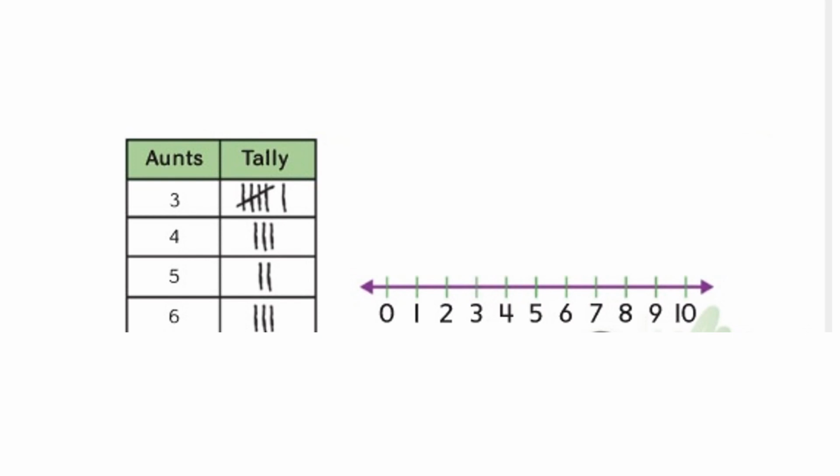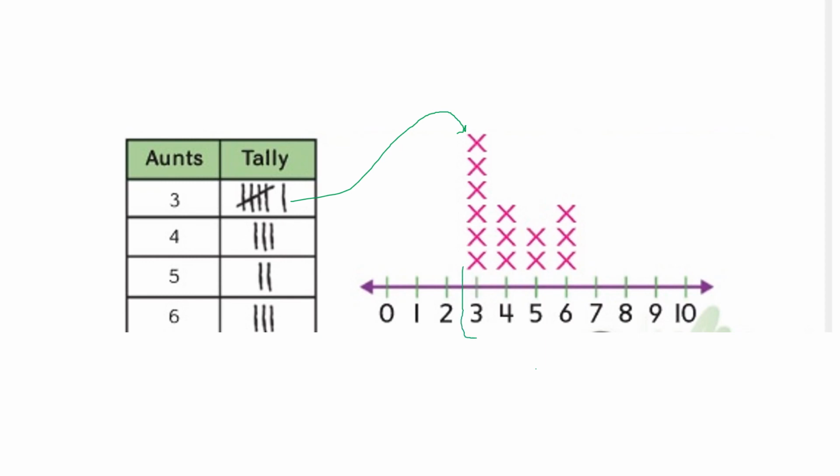Okay, that's a lot. So we can move all of that information right over to our line plot. Okay, and it's very, very easy to see. There are the 6 people. How many ants did they have? Look down at the bottom. They had 3. And this is one great way of organizing our information.